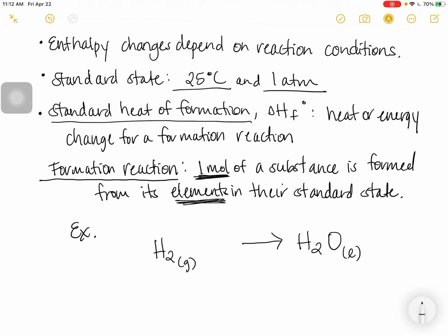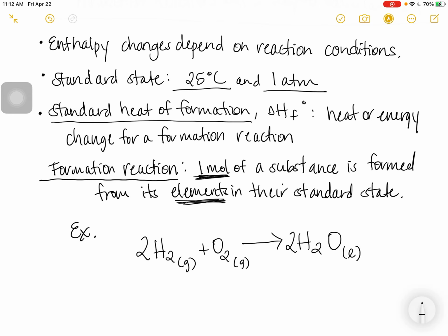Well, hydrogen exists as H2, diatomic and a gas, and oxygen also exists as O2, which is a diatomic and a gas. So this is the two elements, hydrogen and oxygen, that make up water in their standard states. Now I have to balance this just like anything else. And so when I go to balance it, this is my reaction.